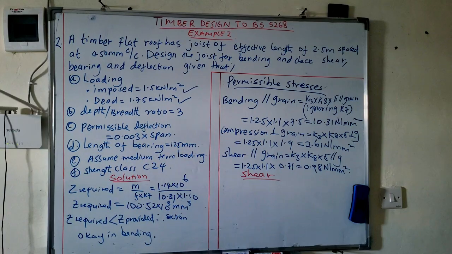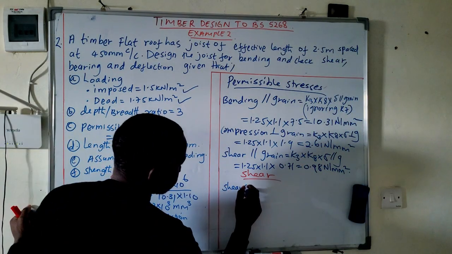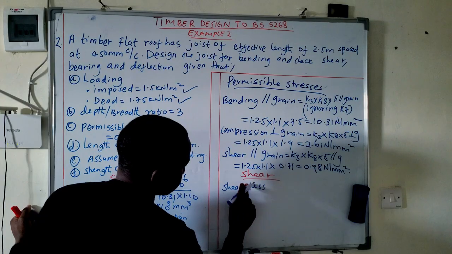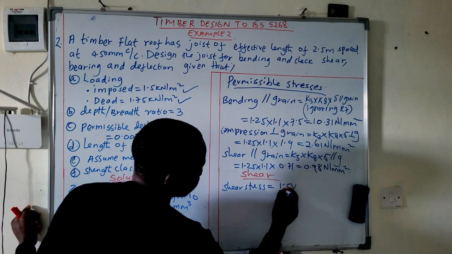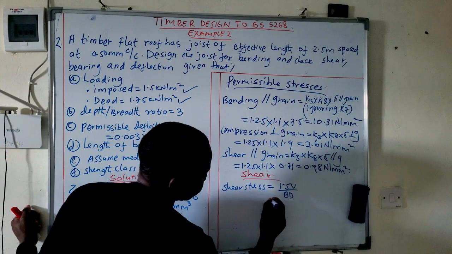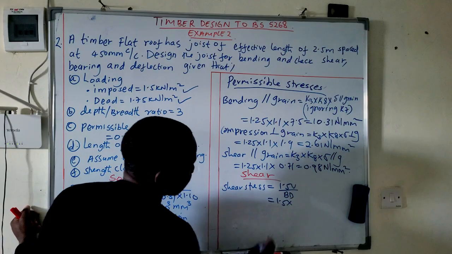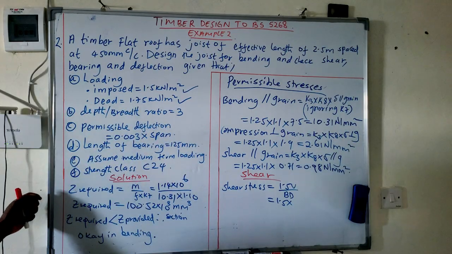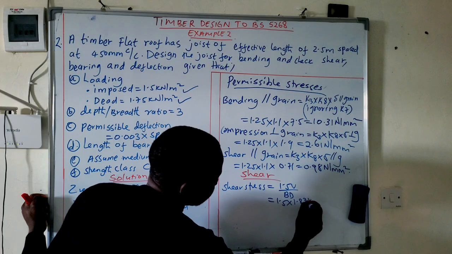So now we can check for shear. Shear stress is equal to 1.5 V over BD. So this is equal to 1.5 times V. Our V was our reaction, which was 1.83 kilonewton.